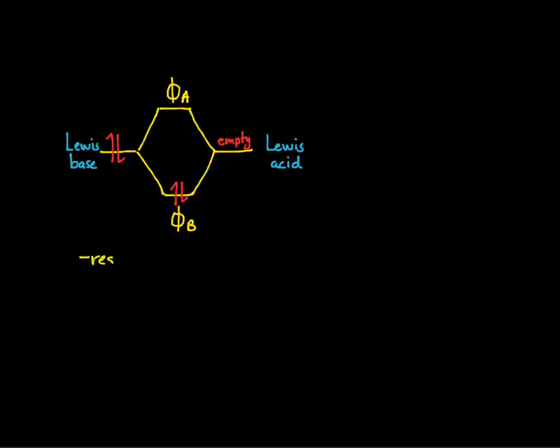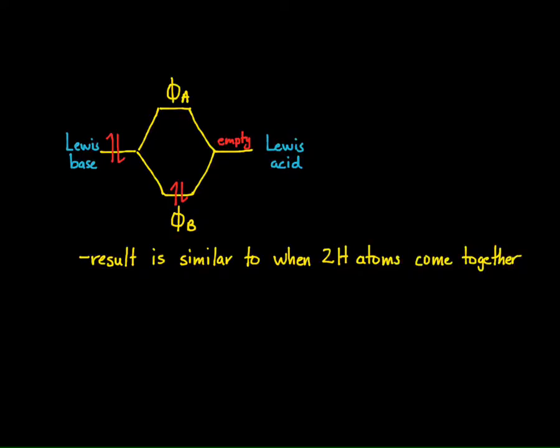Notice also that the result is similar to when 2 hydrogen atoms come together. It's just that the electrons are being supplied by only one of the atoms versus both of them. Also notice that just like hydrogen, there is a net stabilization. And that stabilization is from the difference between the atomic orbitals and the resulting molecular orbital.